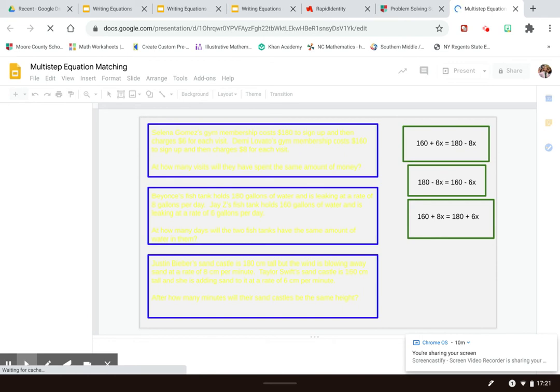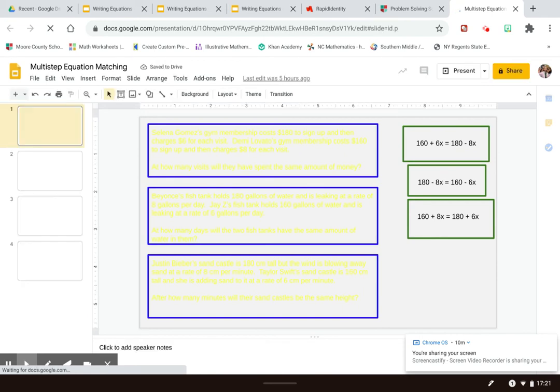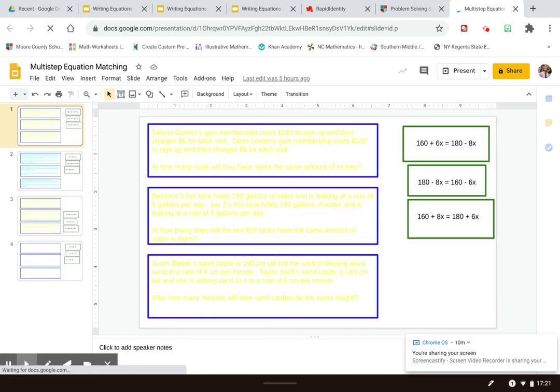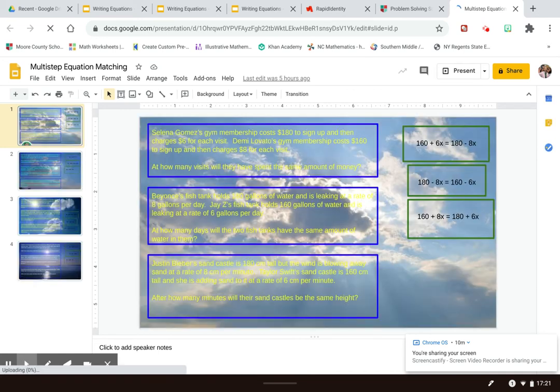And you're going to read each of these scenarios, and then you're going to take the box on the right side and match it to whichever scenario it belongs to. So the first one says Selena Gomez gym membership costs $180 to sign up and then charges $6 for each visit. Demi Lovato's gym membership costs $160 to sign up and then charges $8 for each visit. At how many visits will they have spent the same amount of money?